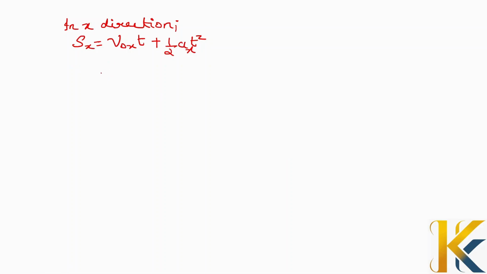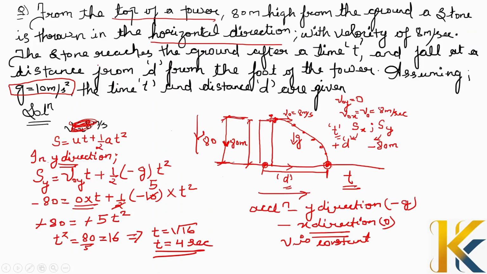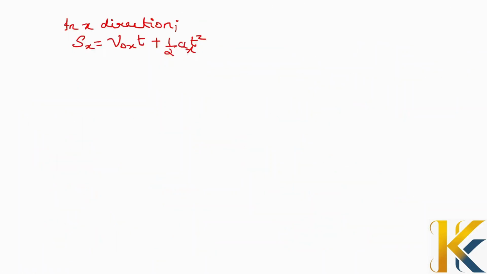So if I put the values here, what was Sx? Sx is d, positive d. V naught x is 8 and t is 4 plus half ax, and I told you acceleration in x direction is 0 in projectile motion, into t square.